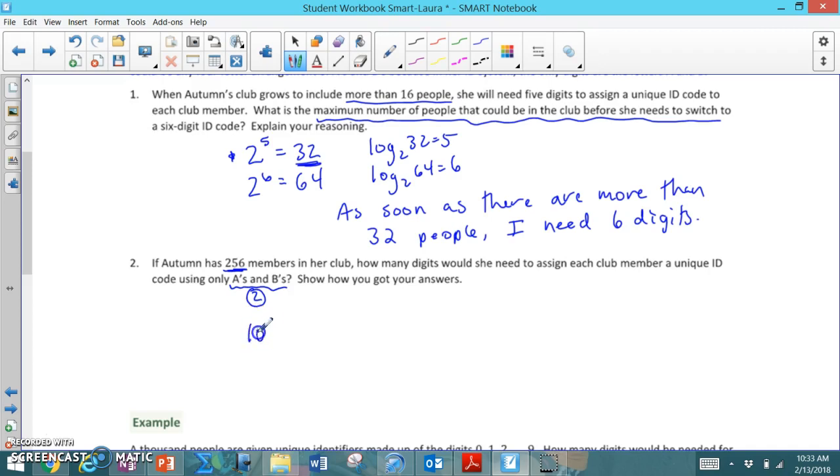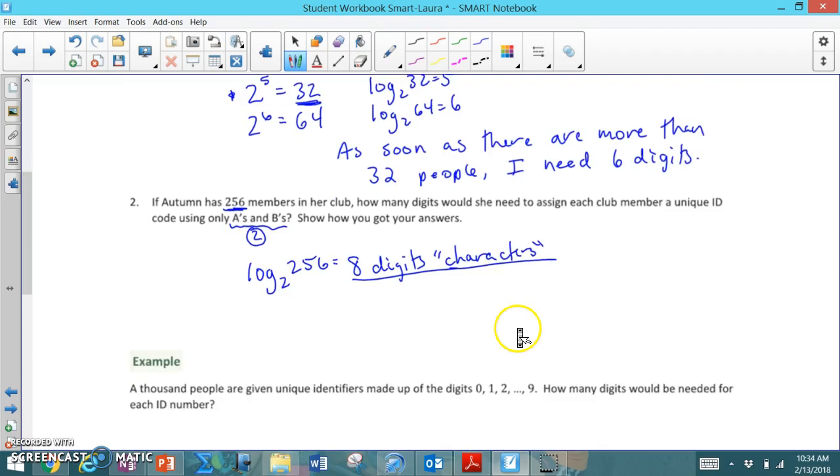So as soon as I use that what power idea, log base 2 of 256, I ask myself what power of 2 gives me 256, and I get 8 as my answer. So 8 characters or 8 digits. Now this book uses digits in this case. I used characters because we're talking letters in this example, but I just want to make you aware that this curriculum kind of jumps back and forth between those two for the answer.